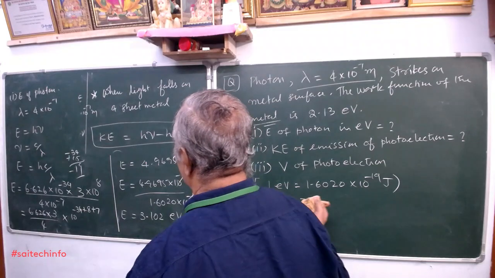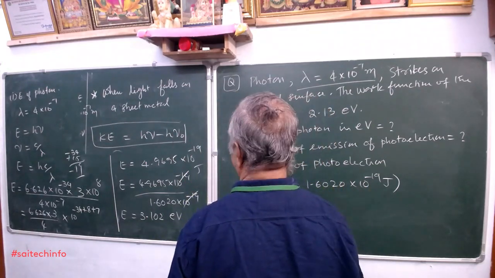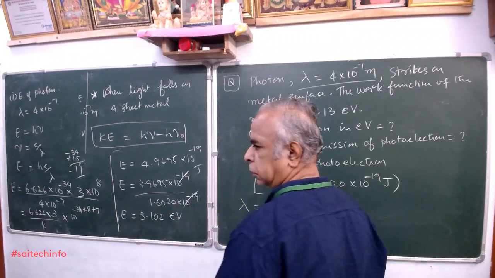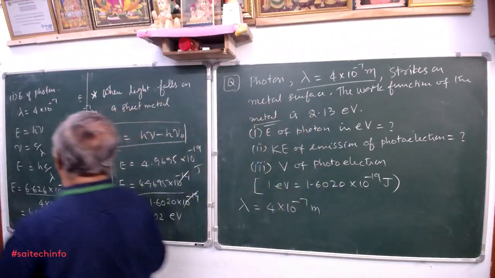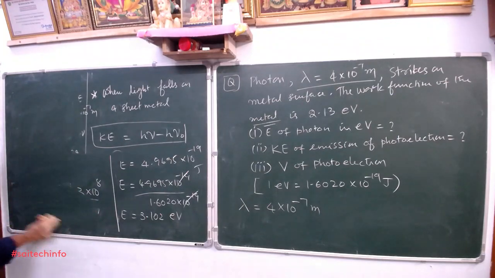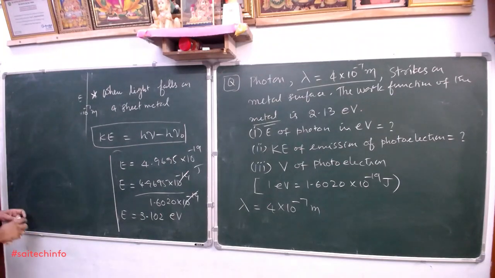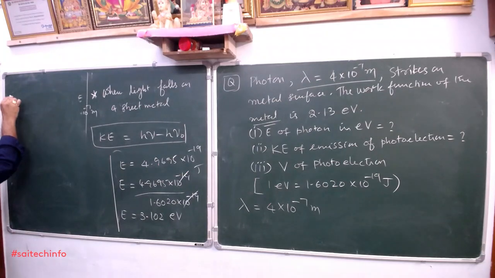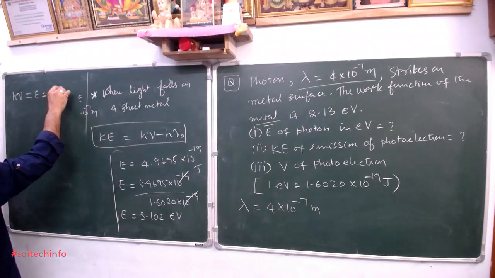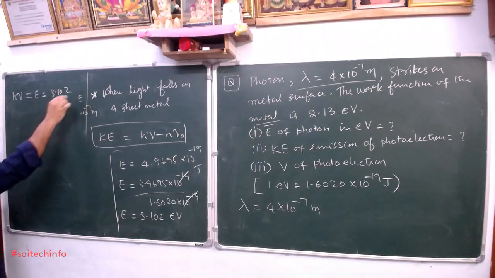Now we have already the equation. Finished? Shall we do this? Yes, right. So we have h nu, which is nothing but E, which is nothing but 3.102 electron volt.